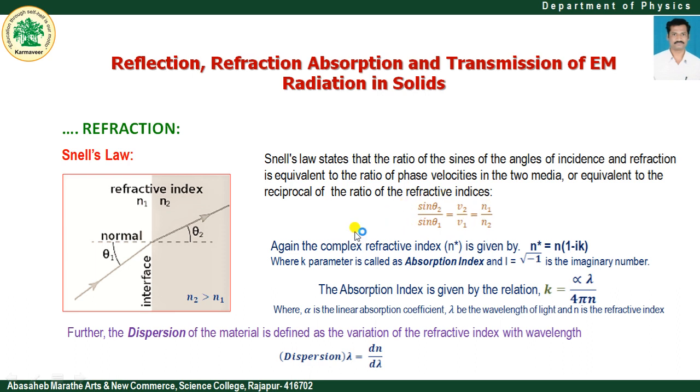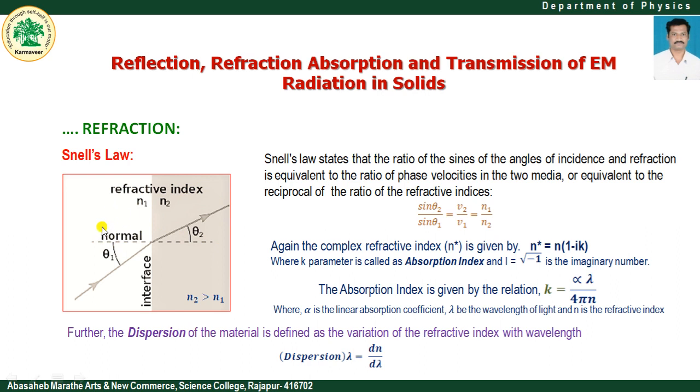Again, if the photons are traveling in material medium 1, here is material medium 1 with the refractive index n1. Here is another medium which has the refractive index n2. Again, the condition is that n2 is greater than n1, meaning the refractive index of this shaded medium is greater than the refractive index of this plain medium.